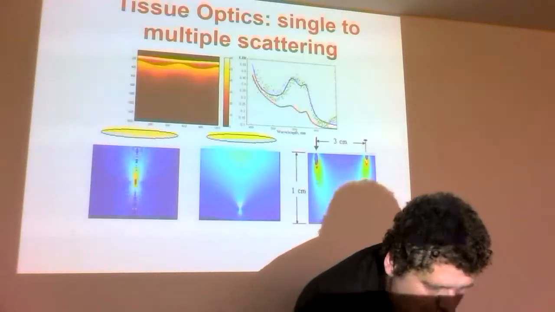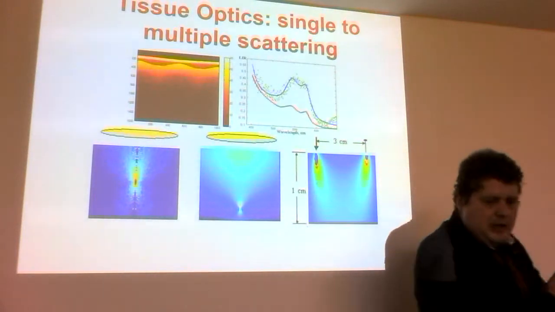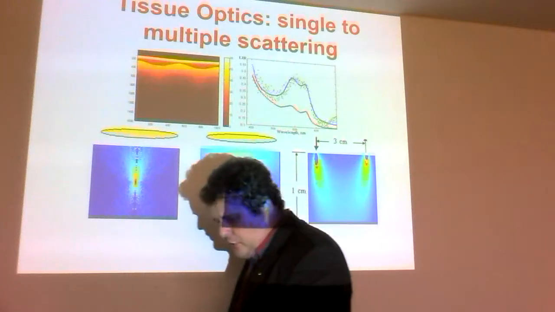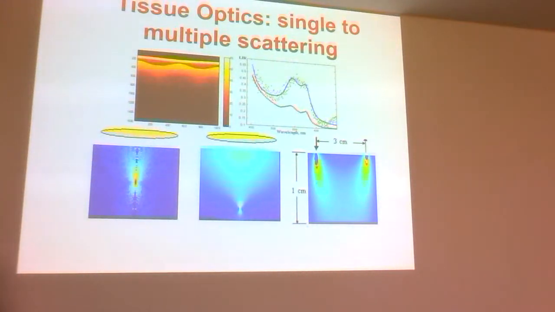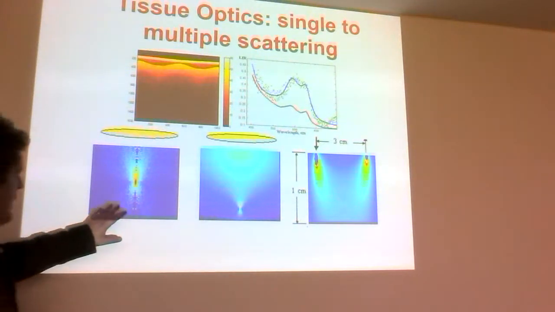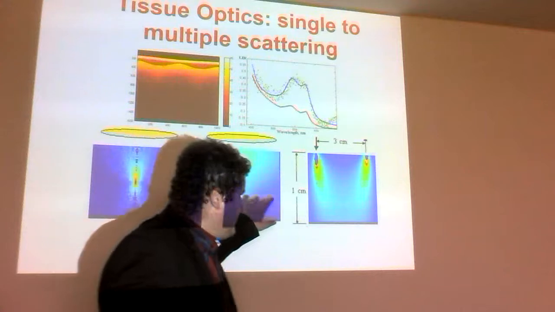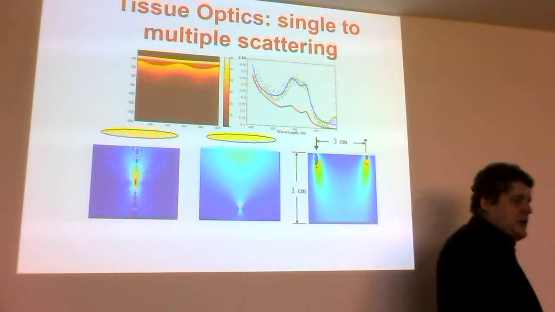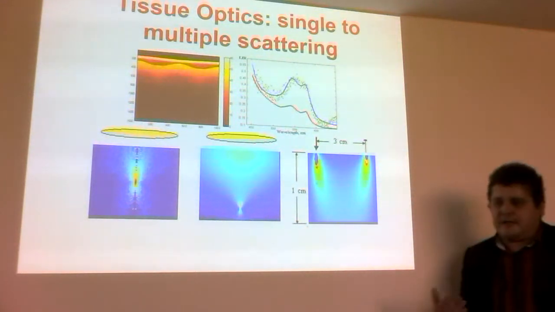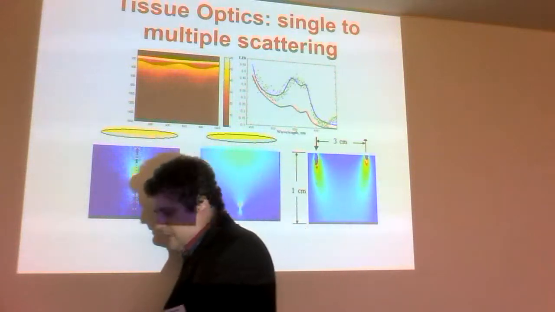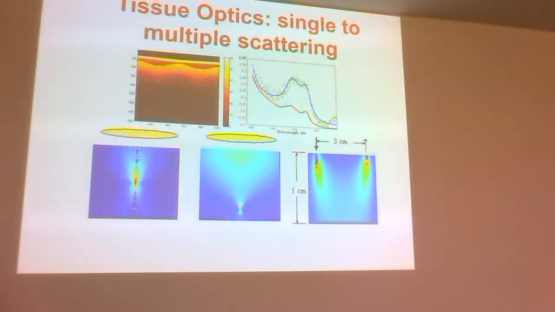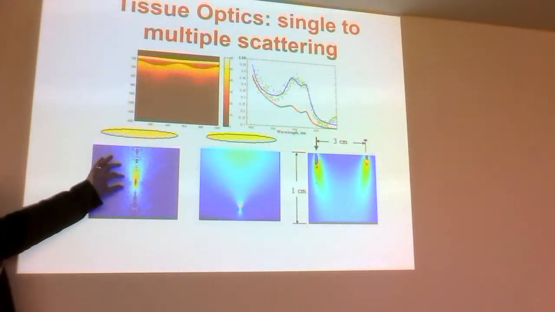Okay, and now what I want to say is that in terms of tissue optics, when we consider, let's say, single to multiple scattering, the optical properties that we're talking about, we should clearly define what we actually see and what experimental conditions are important.